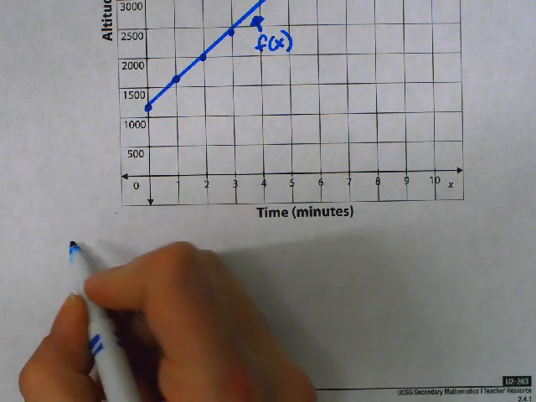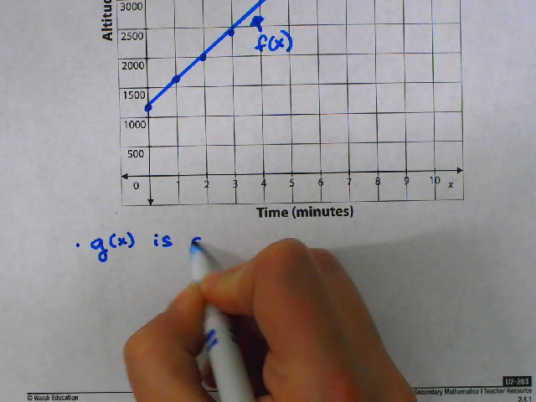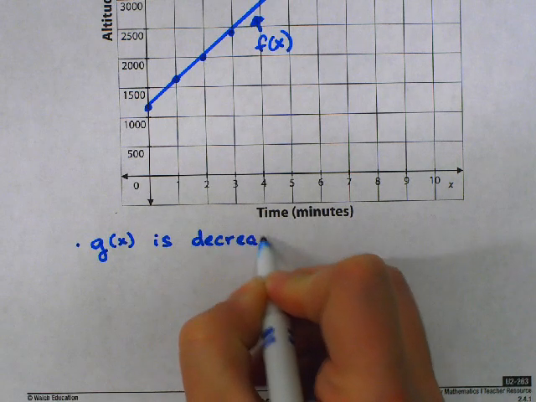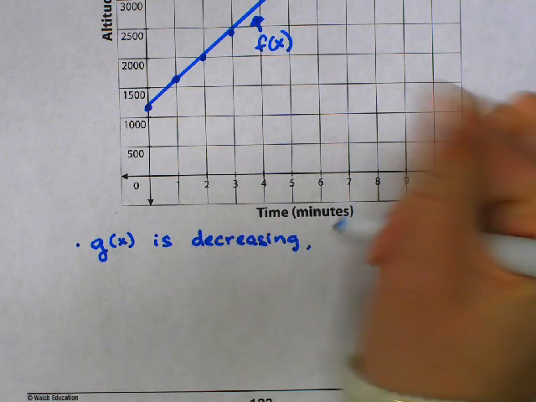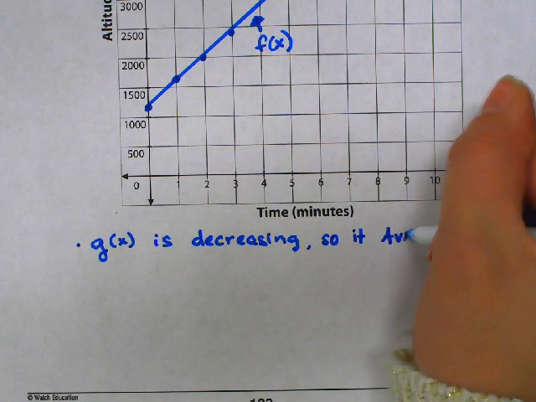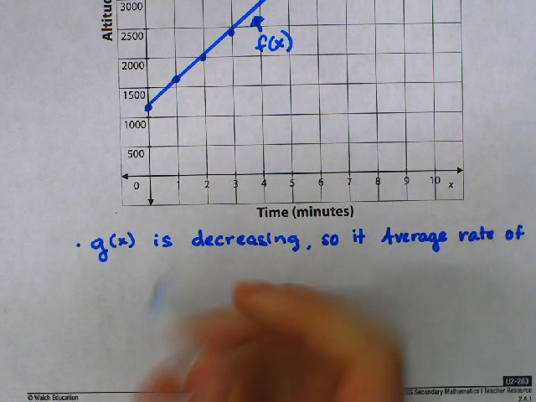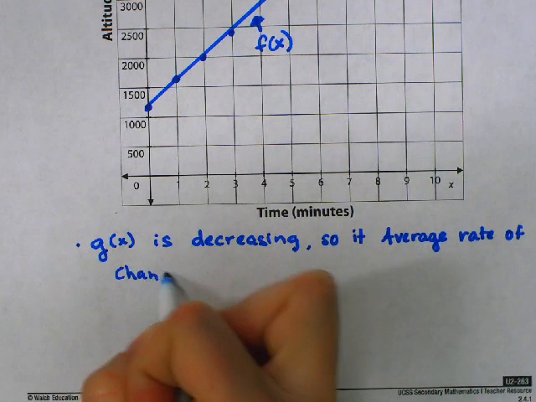So I'm going to write that out in words. G of x is decreasing, so its average rate of change is negative.